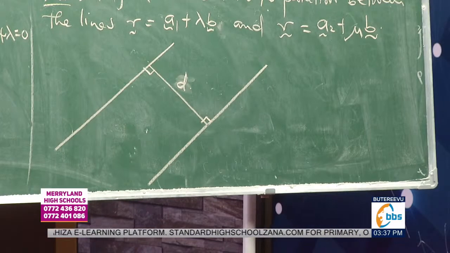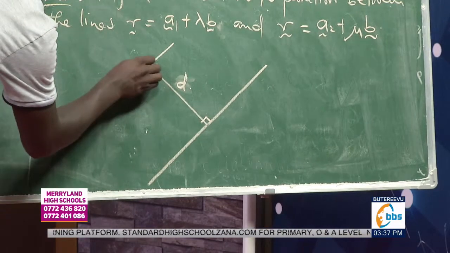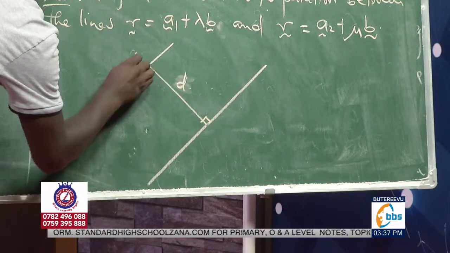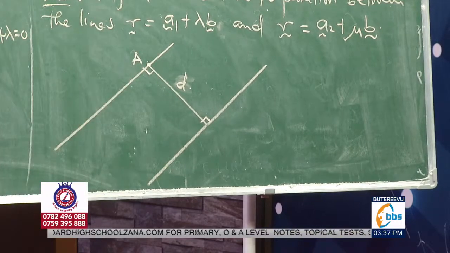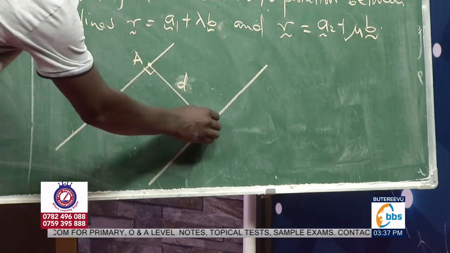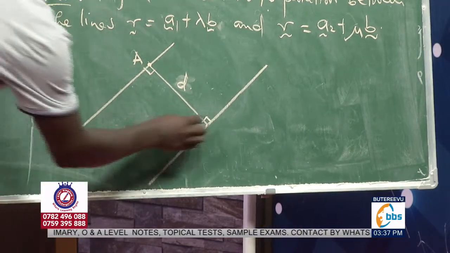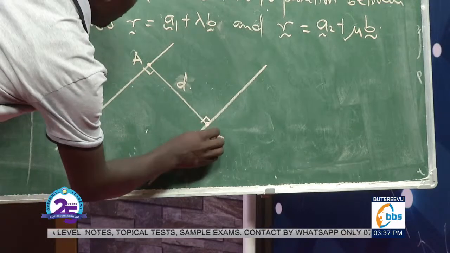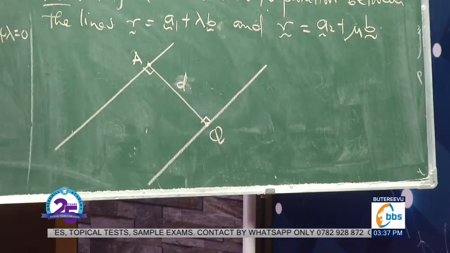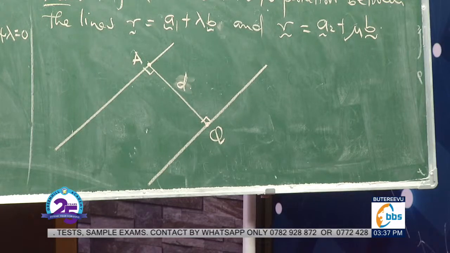The best way is to pick a point A on the first line, and then find its projection Q on the other line, and then you'll get D as the magnitude of AQ.